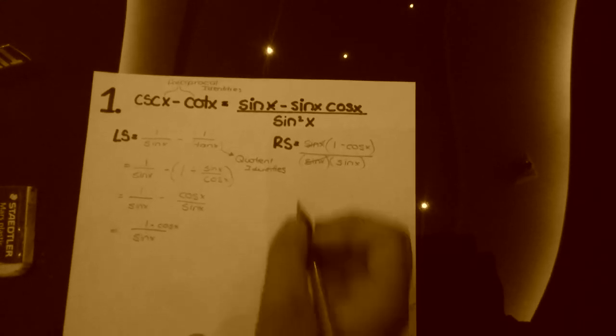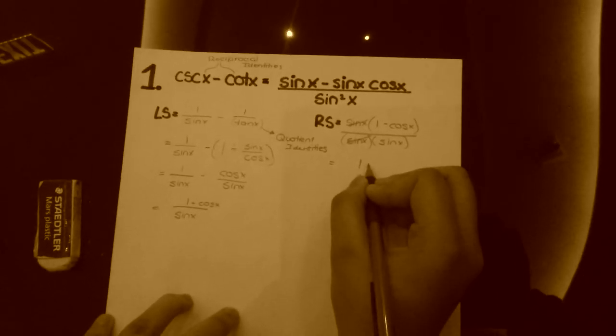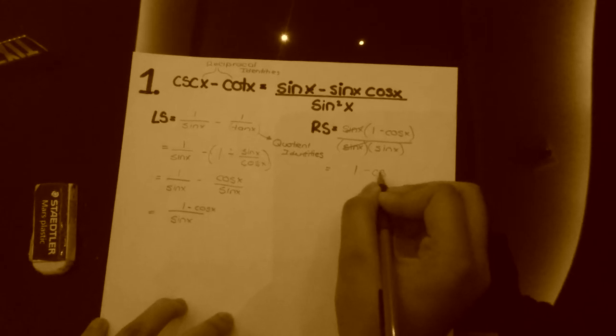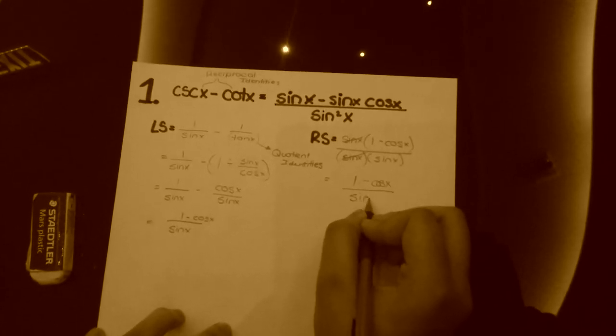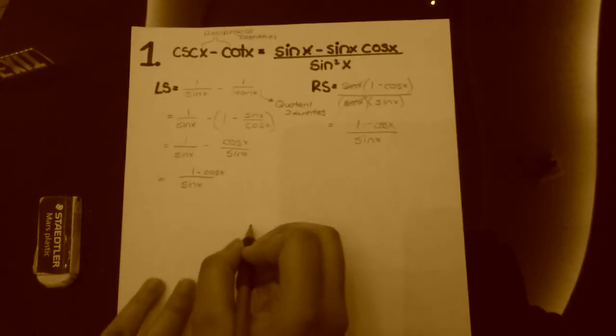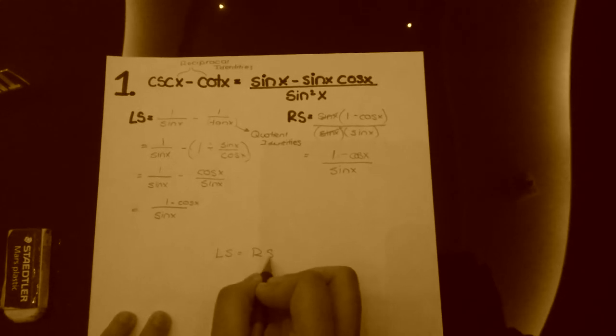Here it's easier to simplify as well. So now this simplifies to (1 minus cos x) all over sine x. So as you see here, left side equals right side.